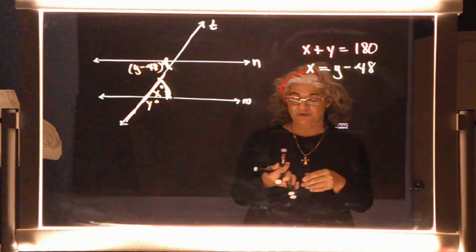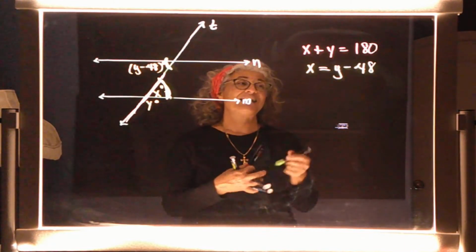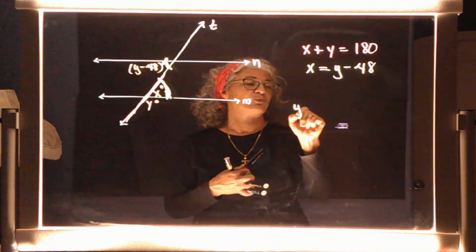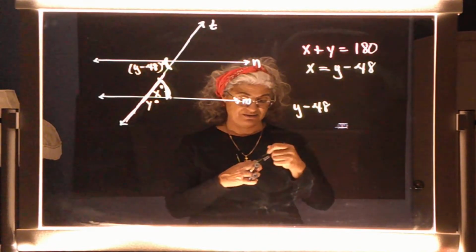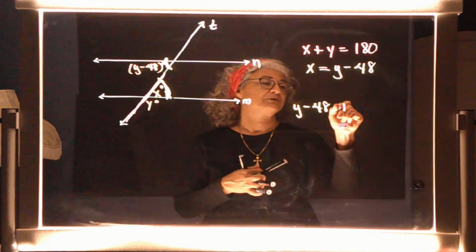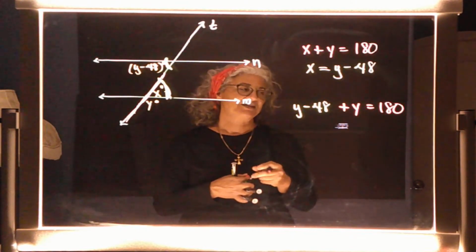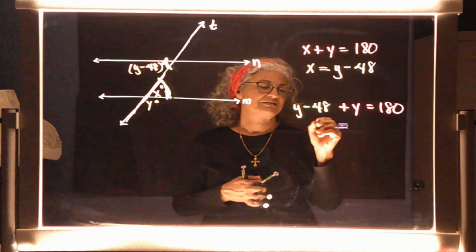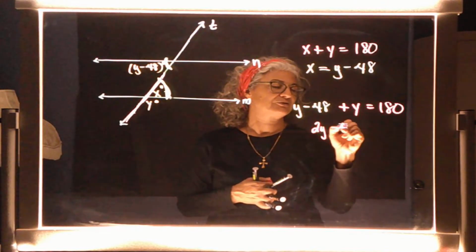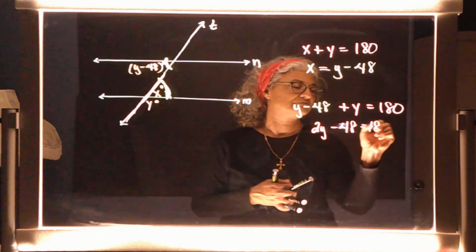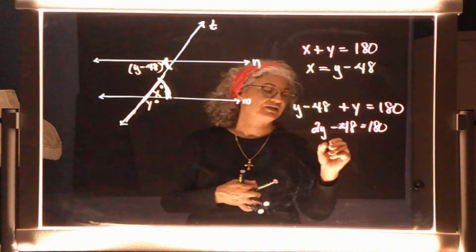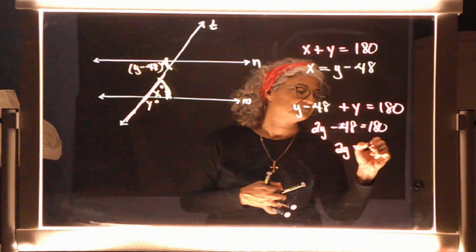So in the first equation, instead of writing x, couldn't I write y minus 48, and then plus the y equals 180? Yep, I can. Collecting like terms, correct? Moving the 48 over, right?